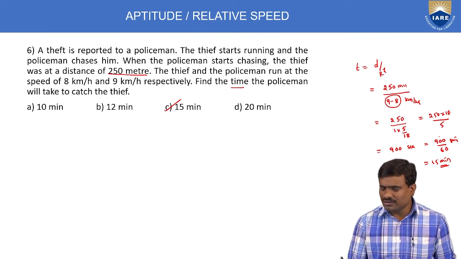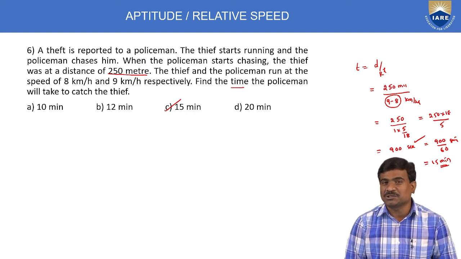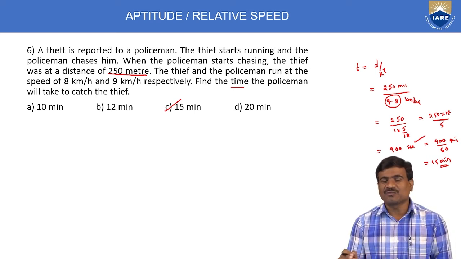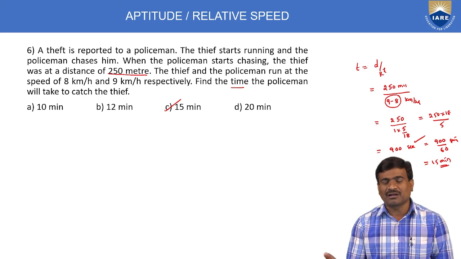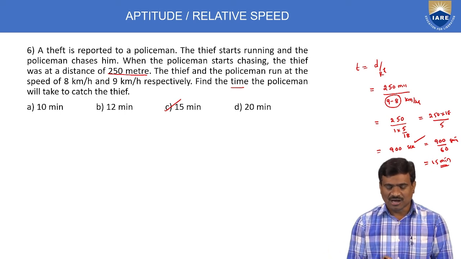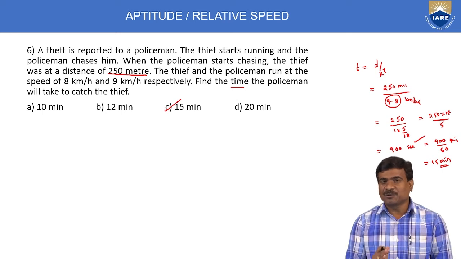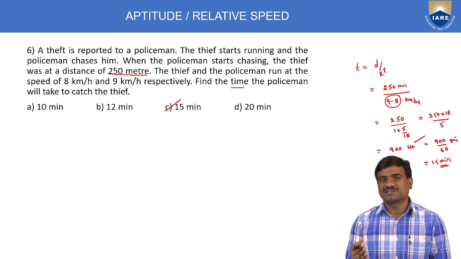We got 900 seconds, but the options are in terms of minutes, so convert seconds into minutes by dividing by 60: 900 by 60 is 15 minutes. Option C only is correct. Note: in thief and policeman type questions, calculate only with same direction application. Meeting time is equal to distance by difference of their speeds.